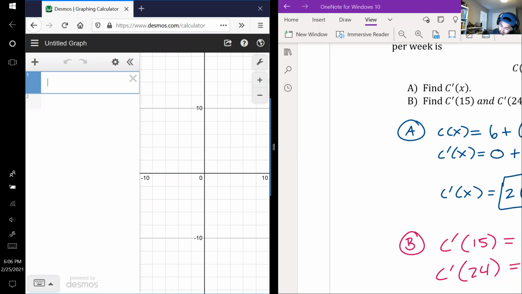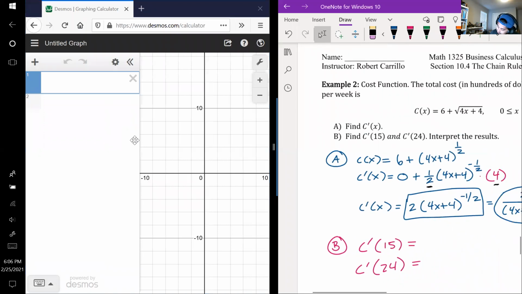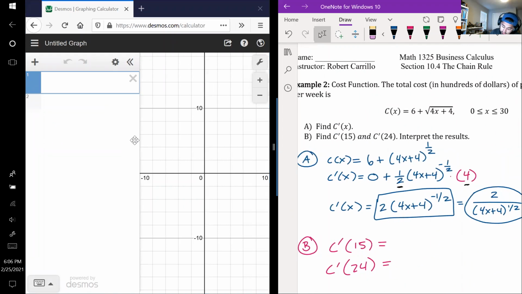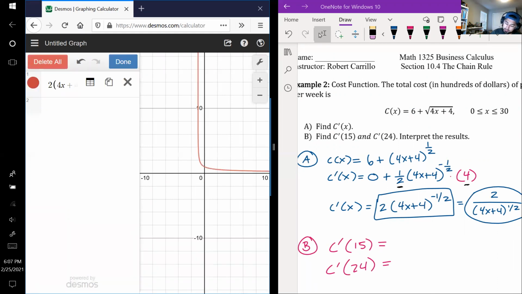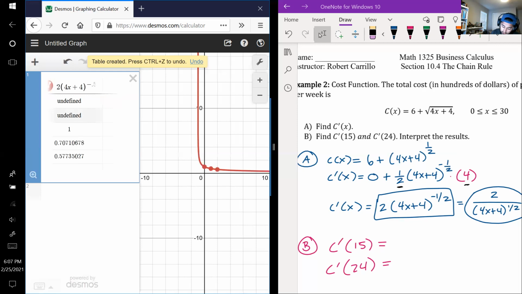Okay. Let me look at my function. So I'm just going to type in my derivative. I'll just do the first form: 2 times (4x plus 4) raised to the negative 0.5, and then change it into a table. Pick the values I want.